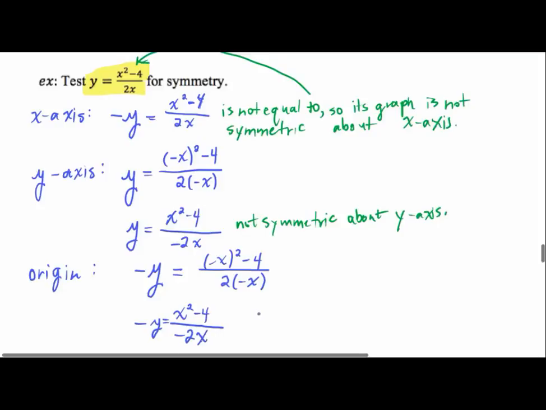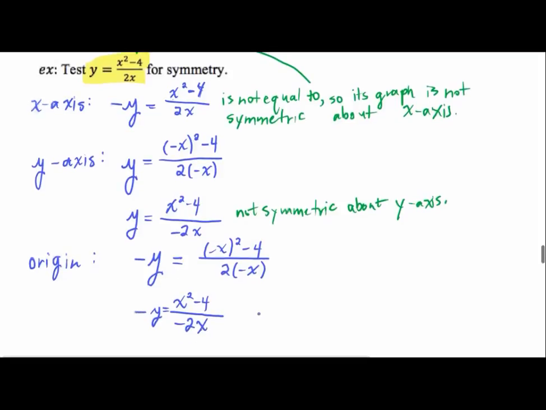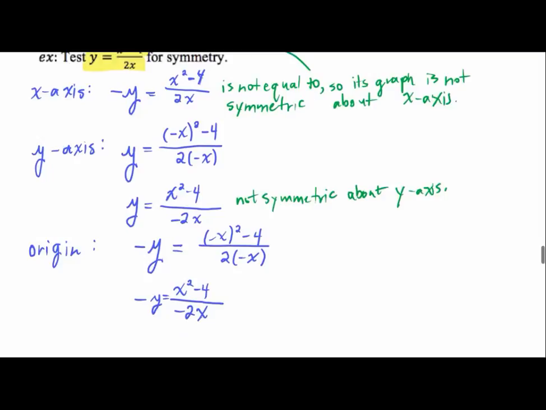And I can simplify further here because I have a negative on both sides. If I multiply both sides by negative 1, then those negatives cancel.